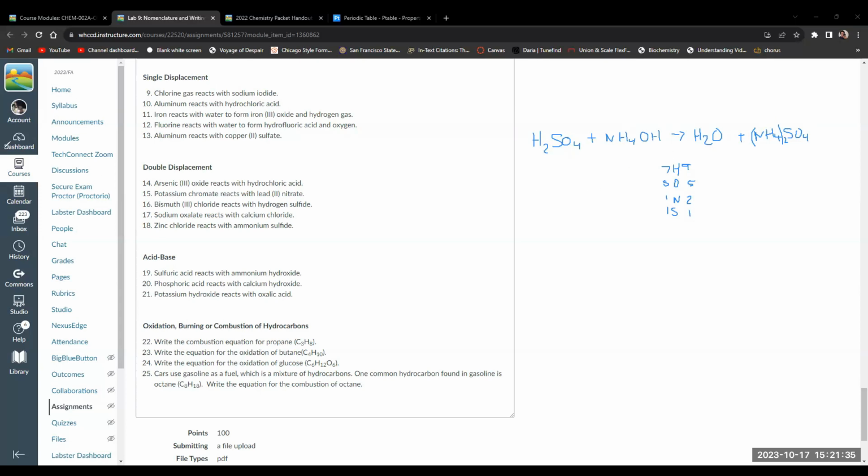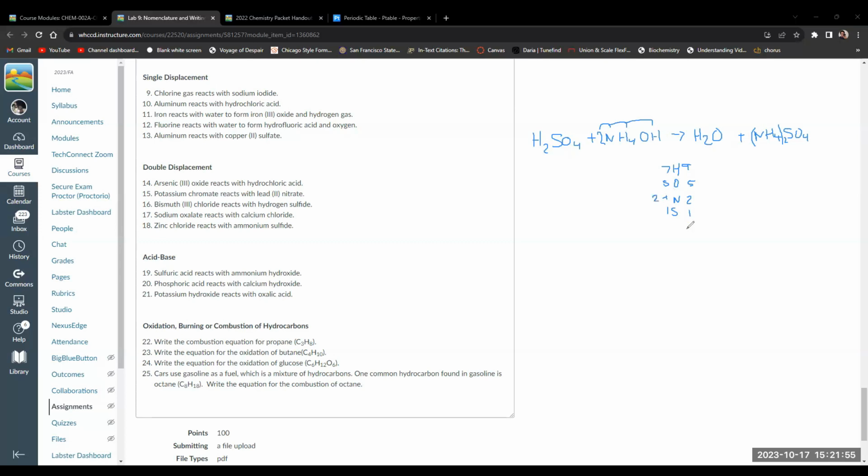Where would I go first? Well, for starters, I'll put a 2 here because we know we need 2 nitrogens in the end. So this is going to multiply to all of these.